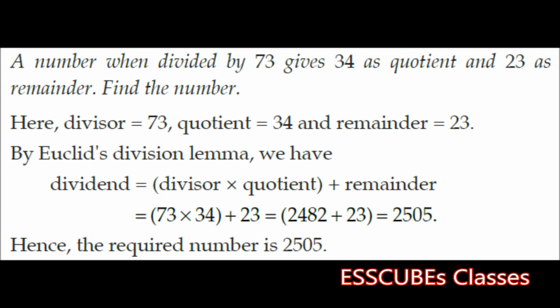You have been asked to find the dividend. That means the number has to be found out. So I use the formula dividend is equal to divisor into quotient plus remainder. I multiply 73 with 34, add 23 to that, and my number is 2505. So the number that we were actually looking for is 2505.